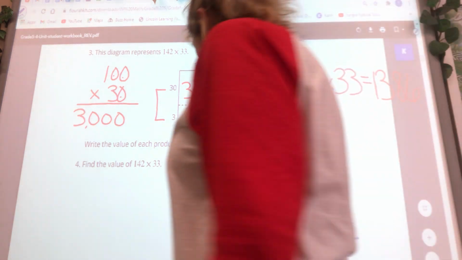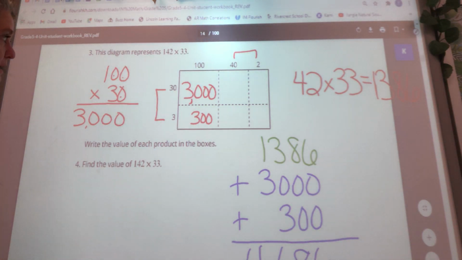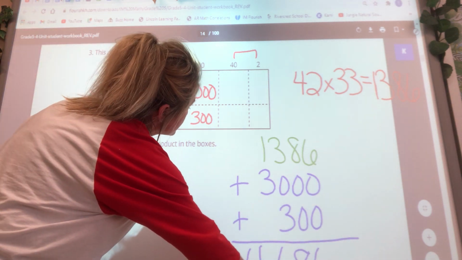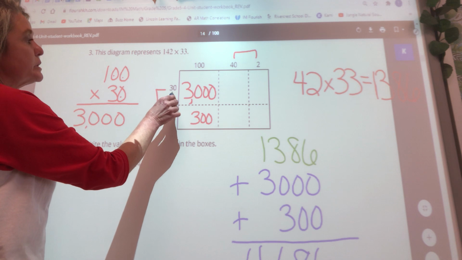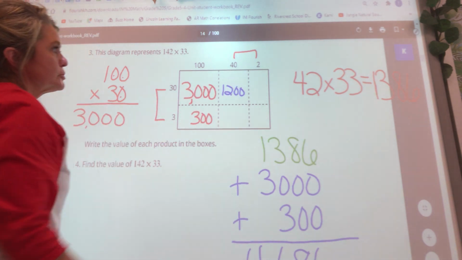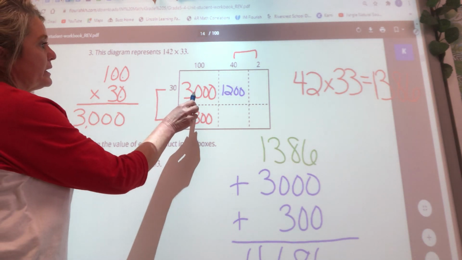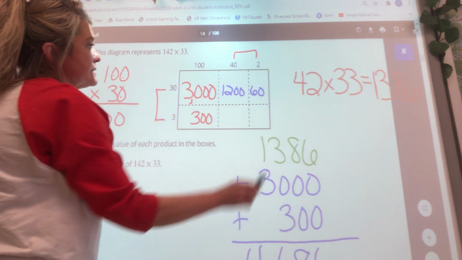Now, I can double check myself. I could go back and I could do 40 times 30, which we did a minute ago, and we got 1,200. We got 2 times 30 was 60.